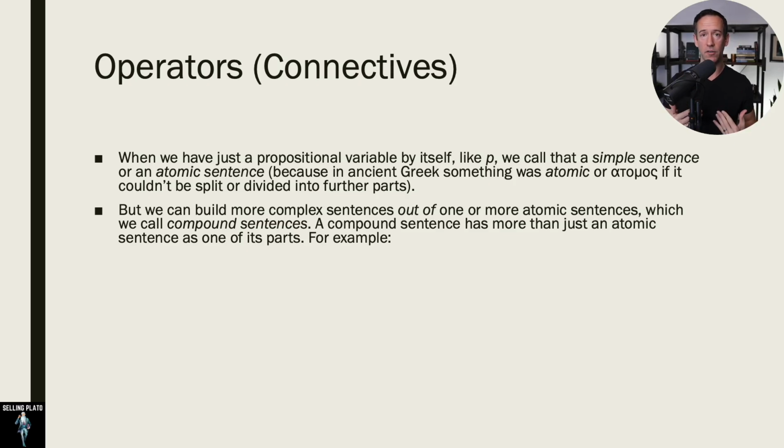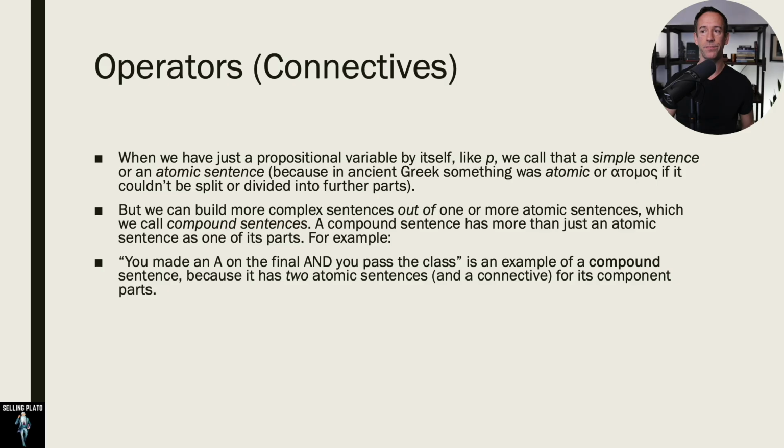So a compound sentence, what does that mean? It has more than just one atomic sentence as one of its parts. That's all. And there are a couple of ways to add on to this one atomic sentence, whatever that atomic sentence is.